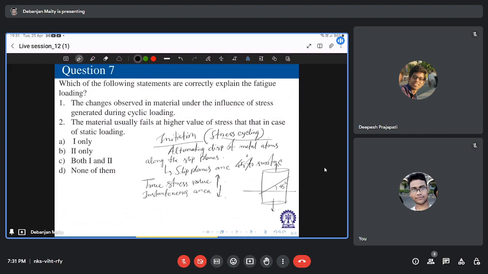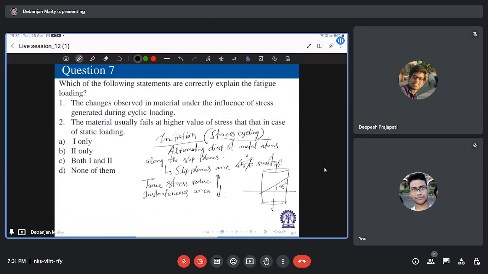Now if you look at the fracture appearance, because it takes time, with time the fracture will come out, right? So as the crack is growing, because of those cyclic stresses, the parts are rubbing against each other, and that will be producing first of all some smooth surface where the failure has taken place.